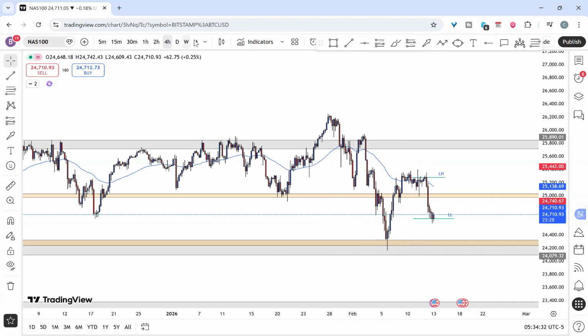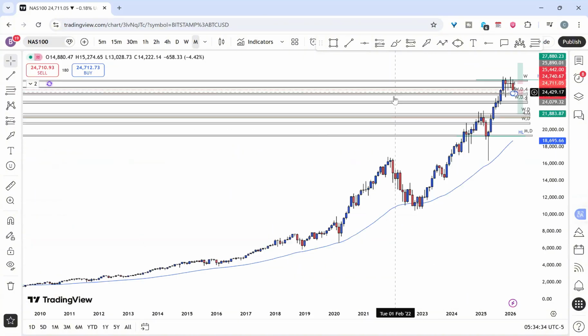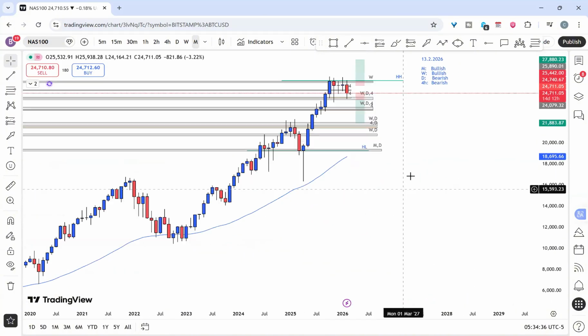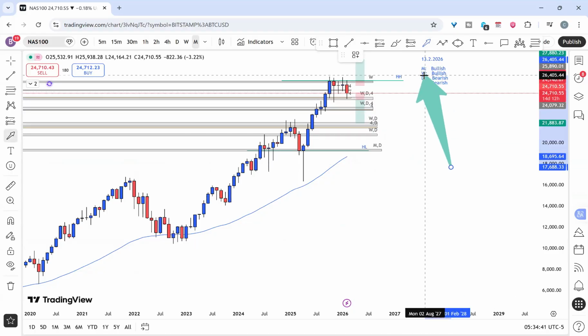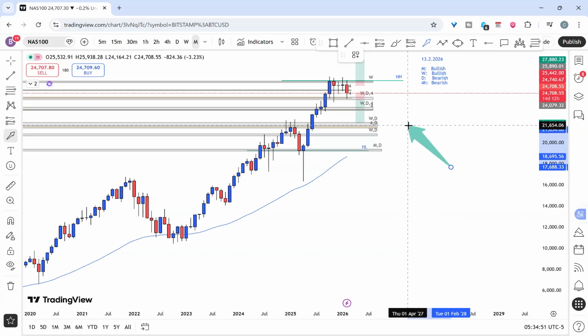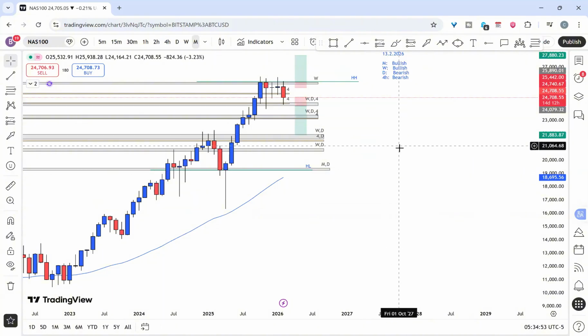So what tells me that? It tells me that it really wants to go further down. Yes, we do have a bullish trend on the monthly and weekly time frames, but the daily, the 4-hour, the 2-hour, the 1-hour, 30 minutes, and 15 minutes are heading downwards. So this is my analysis.